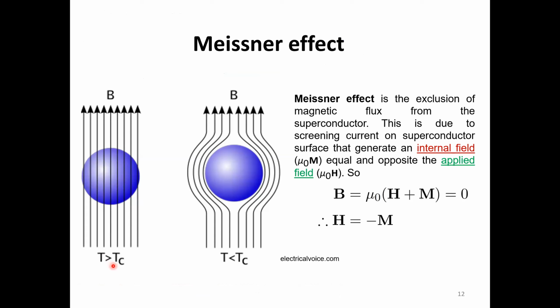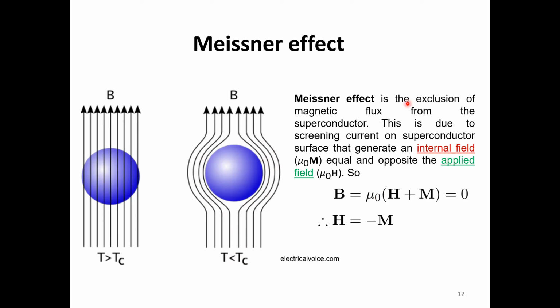When T is larger than critical temperature, you have B field, external B field, penetrate through the superconductor. When temperature is less than Tc, inside of this B field is gonna be 0.